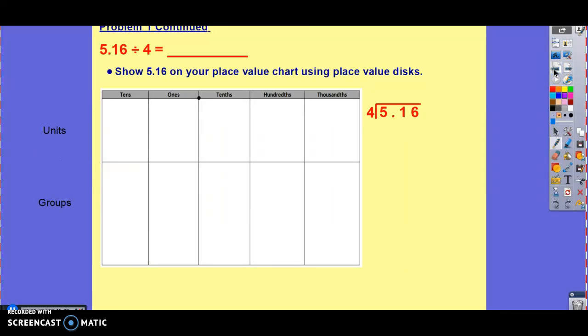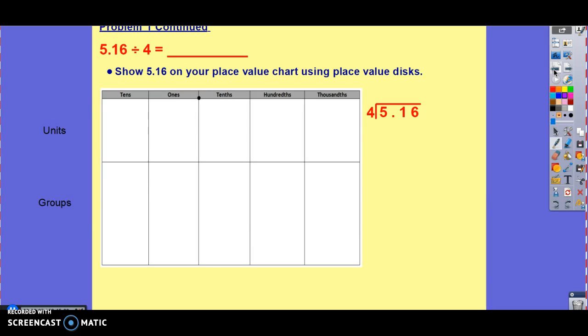Now let's switch roles and see if you're able to fill out the units and the groups, and I'll work the standard algorithm. We'll use the standard algorithm and then put the items into the place value chart. So if I were dividing 4 into 5 and 16 hundredths, where would I begin?